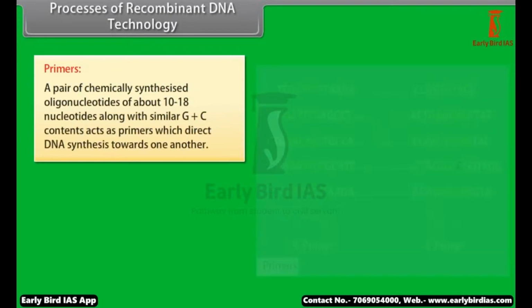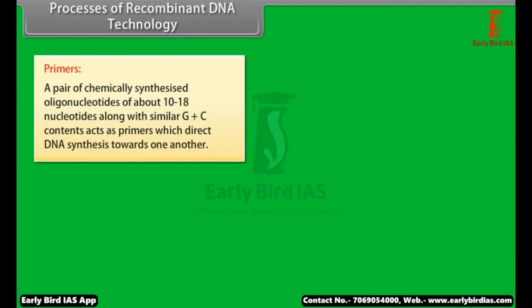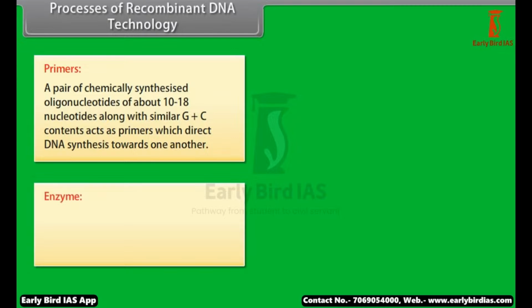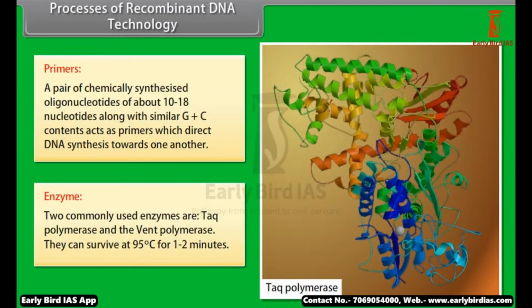Primers: a pair of chemically synthesized oligonucleotides of about 10 to 18 nucleotides along with similar G plus C contents act as primers, which direct DNA synthesis towards one another. Enzyme: two commonly used enzymes are Taq polymerase and the Vent polymerase. They can survive at 95 degrees Celsius for 1 to 2 minutes.